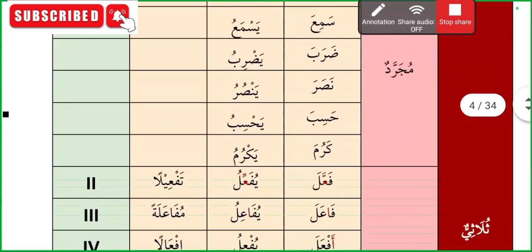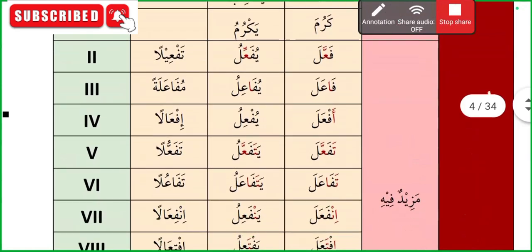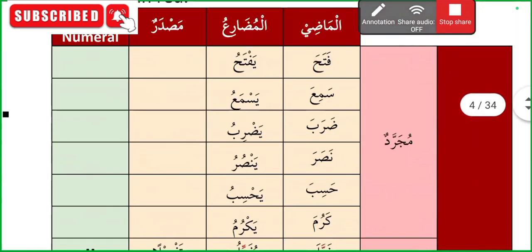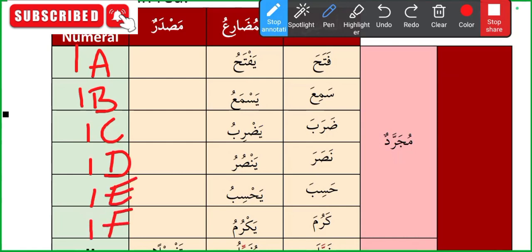Now moving on to these forms, which are the sulasi mazidun fi. You can name them 1A, 1B, 1C, 1D, 1E, 1F.